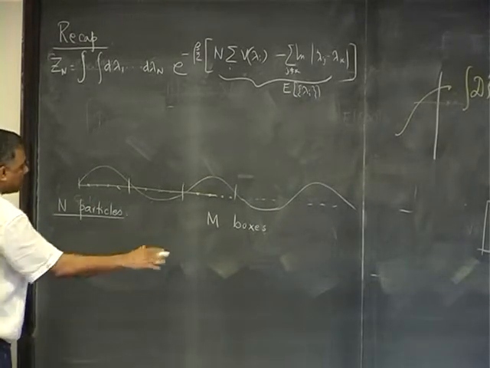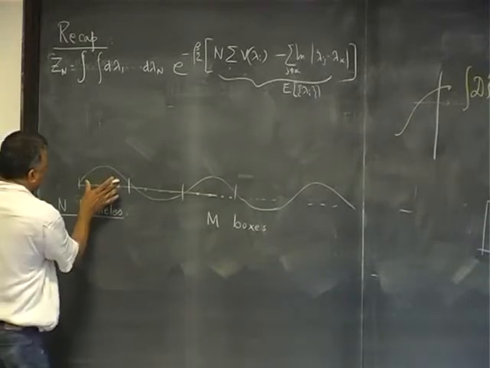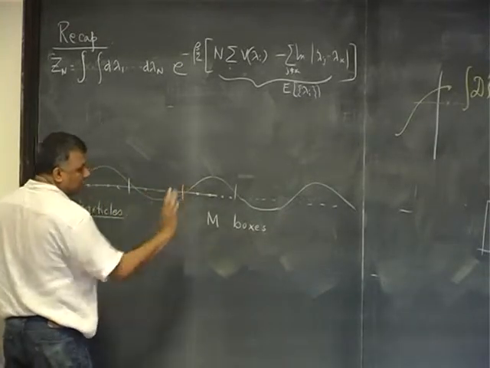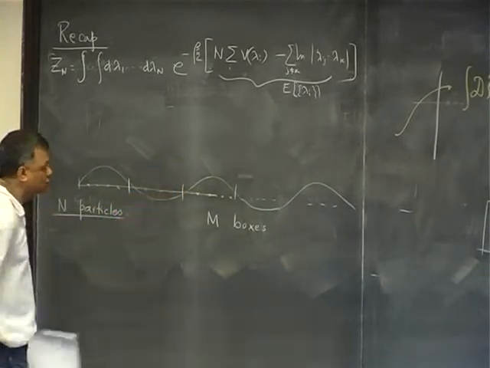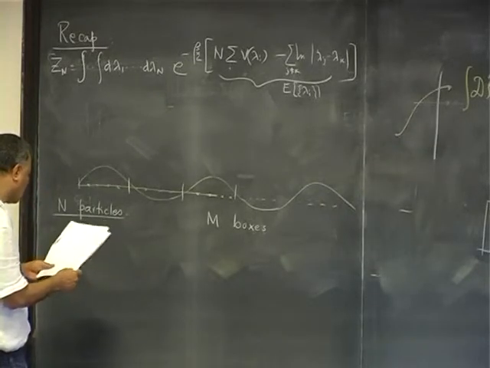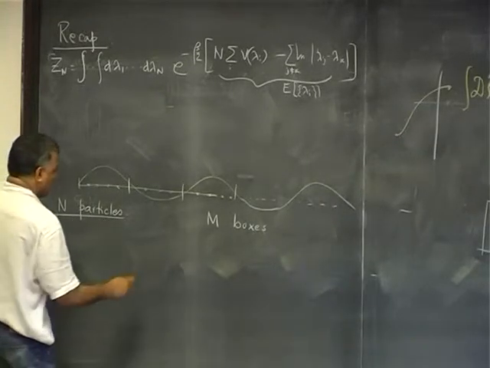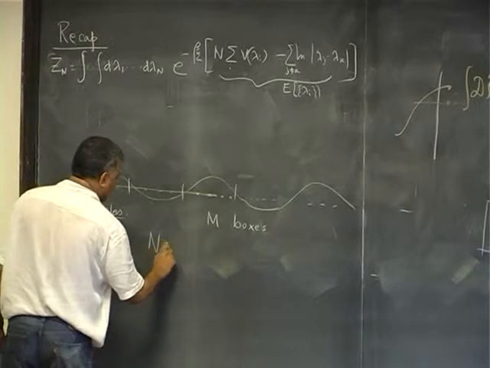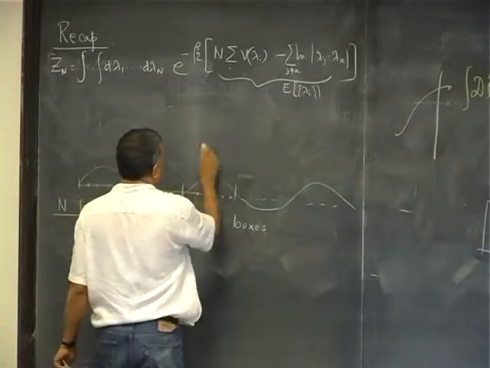You have to distribute them in such a way that the density locally is some given function rho n hat lambda.